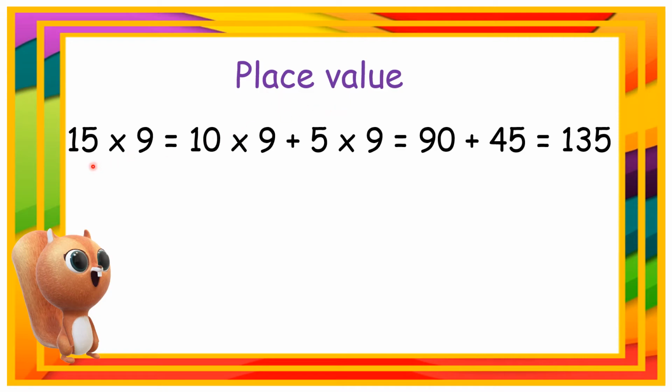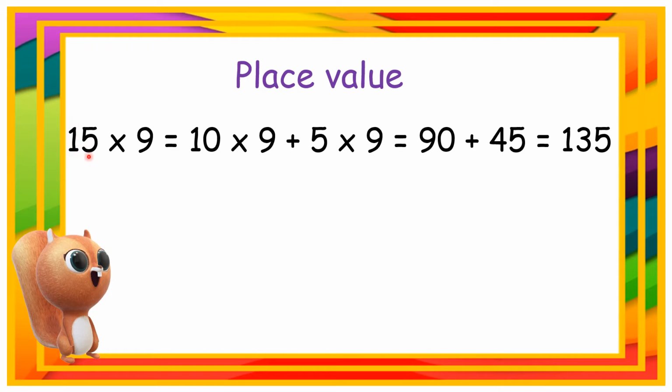Now, what is the place value of 5 in 15? That is 1. We have 5 ones. And what is the place value of 10? We have 1 tens. Remember, this is our ones, this is our tens. So we have 5 ones and 1 ten.